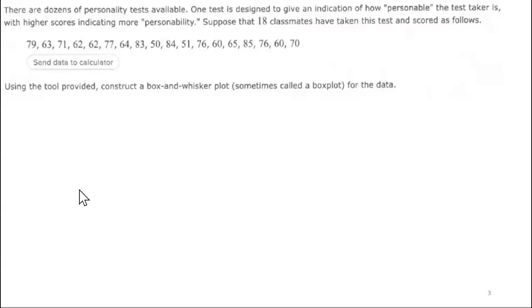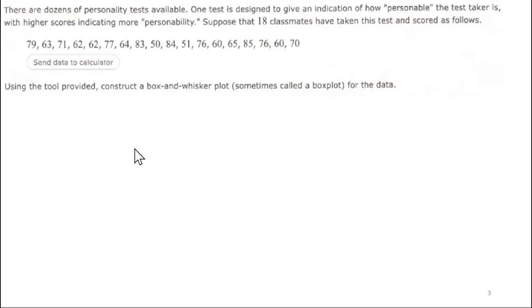Okay, so for this particular problem, we're going to do the same thing as we did before. We're going to find the five number summary, the IQR, the interquartile range, whether there are any outliers, and then the box and whisker plot.